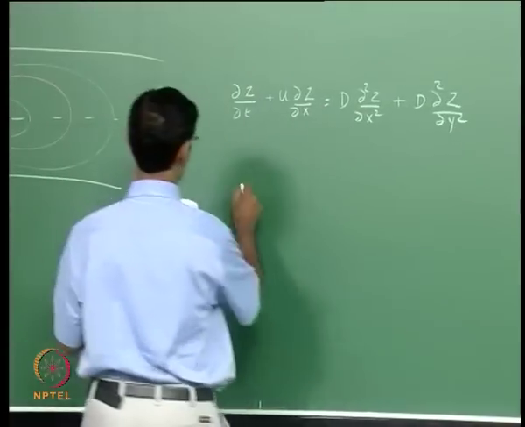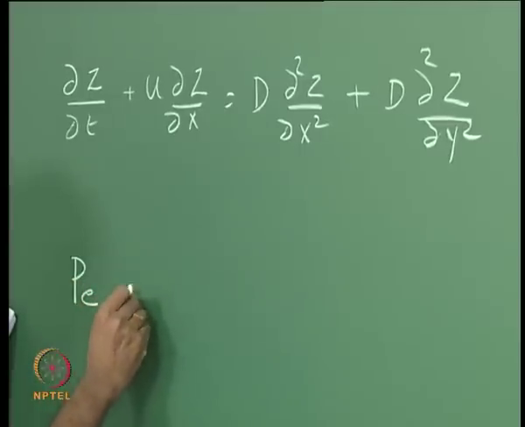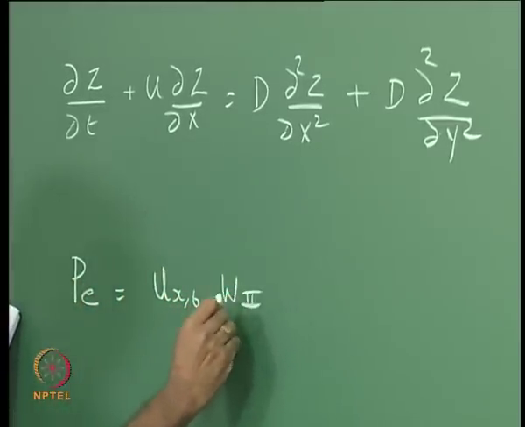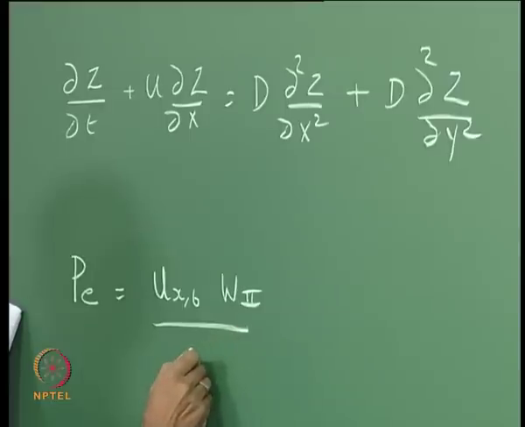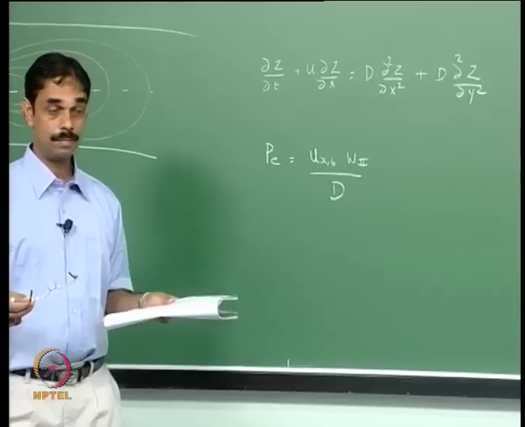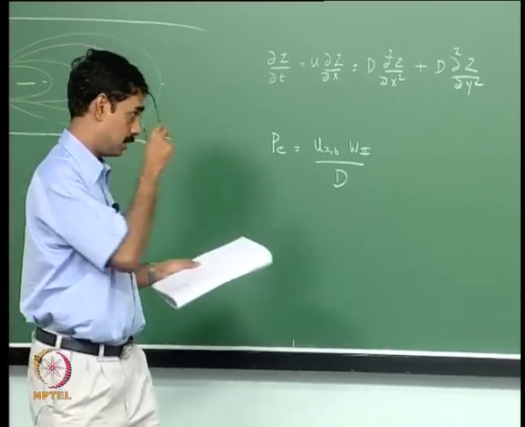One is the Peclet number, which is u_x,0 W2 over D. This is like the Reynolds number, convection over diffusion, but the Reynolds number deals with momentum transport, and here we are looking at mass transport.